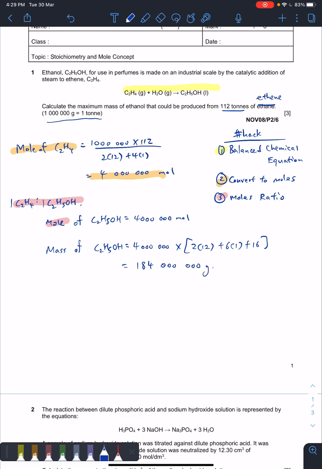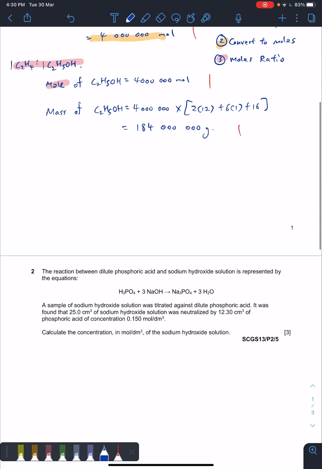You might be thinking, do I need to convert to ton? Not necessary, it's fine. And that's all. That's how you get your 3 marks. 1 mark, 1 mark, 1 mark. Yay! So the next practice question.